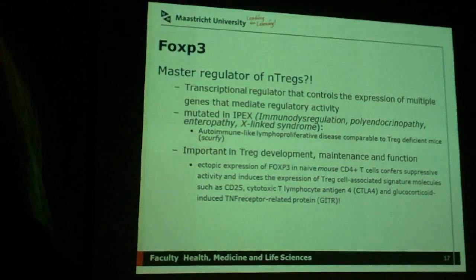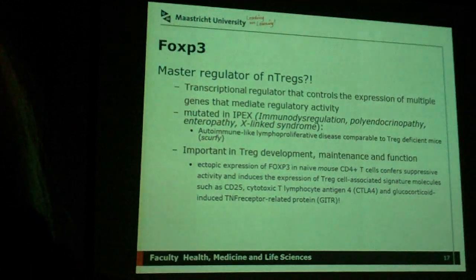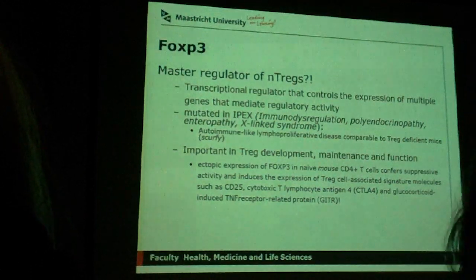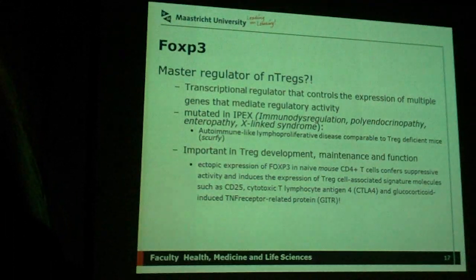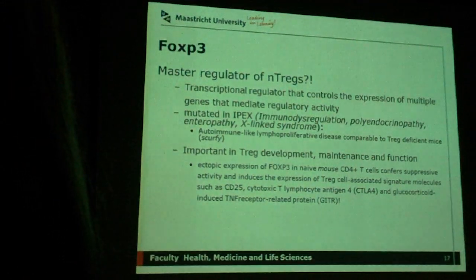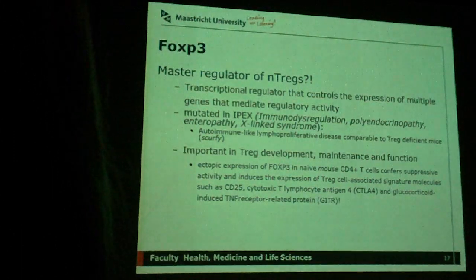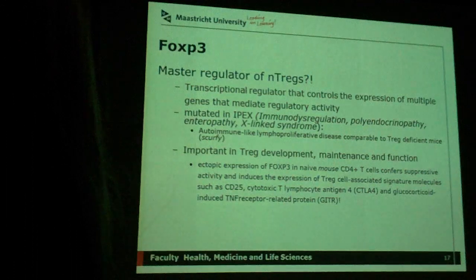So FOXP3, that is really the master regulator of the Treg cell. It is a transcription factor which controls expression of a lot of genes which are necessary to mediate the regulatory activity of the cell. People found in IPEX, that is a very rare condition, that the FOXP3 gene is mutated.